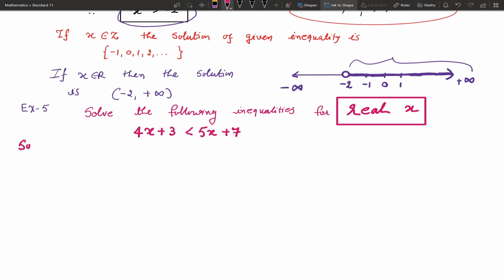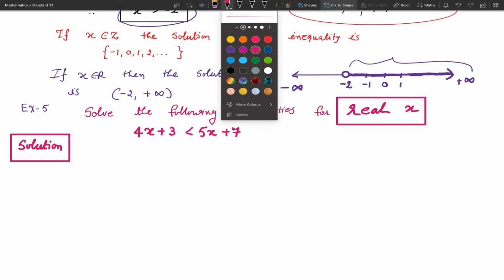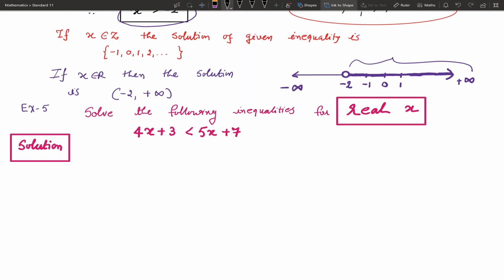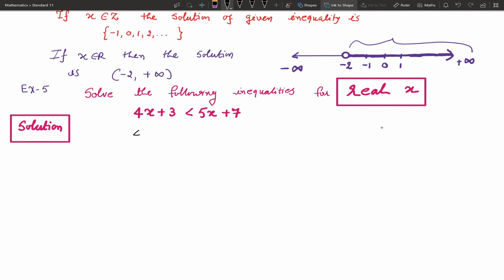So solution, now we have given 4x plus 3 less than 5x plus 7. Therefore, now check this simplification. We transfer this 4x to the right hand side, so there will be a change in the sign.